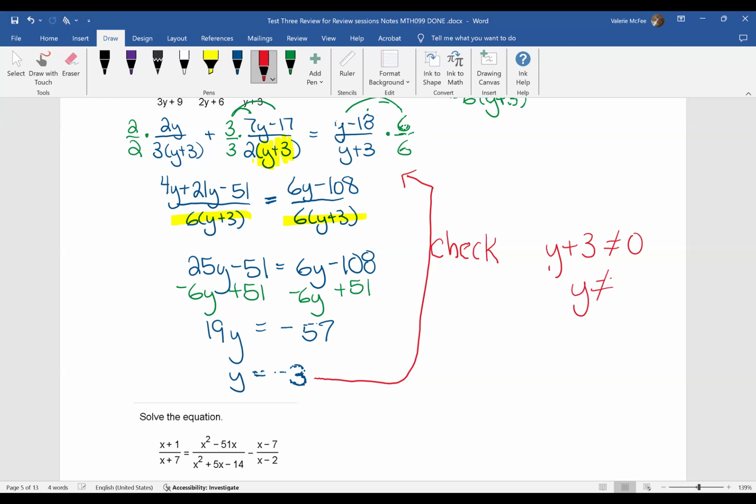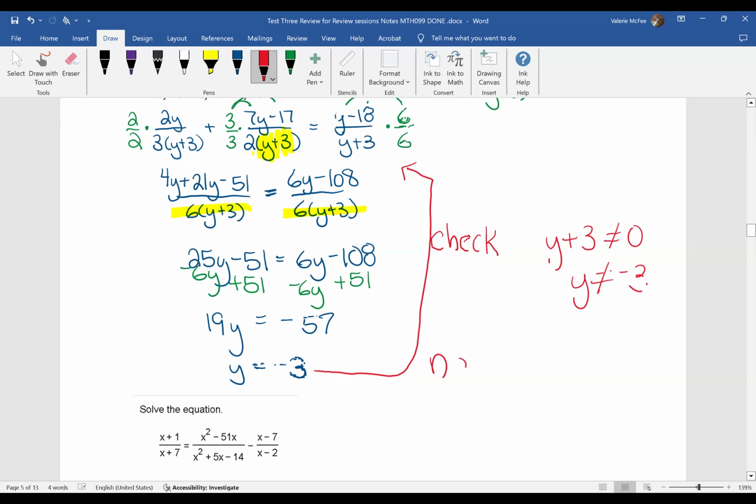That means that y can't be -3. Y equals -3 is the solution we found. That means that this question has no solution. That -3 would make our denominator equal 0.